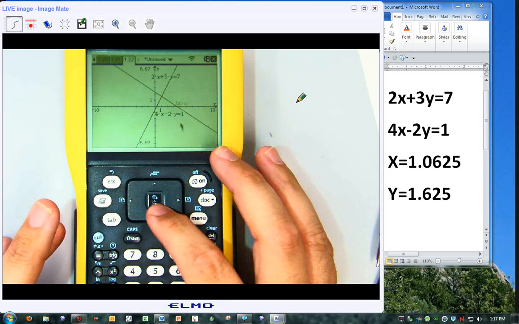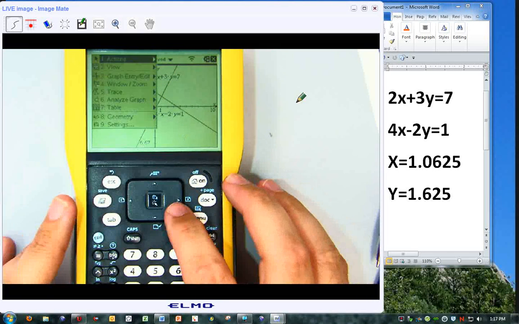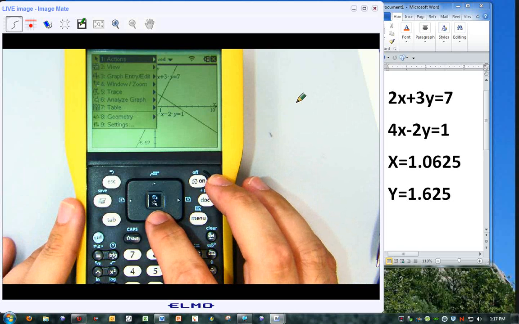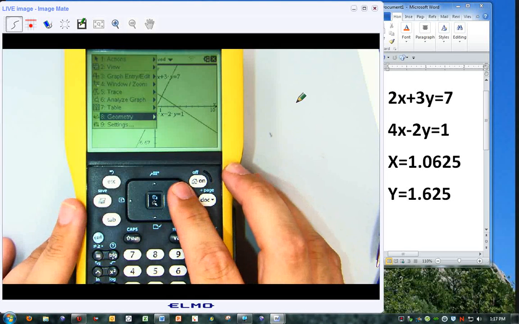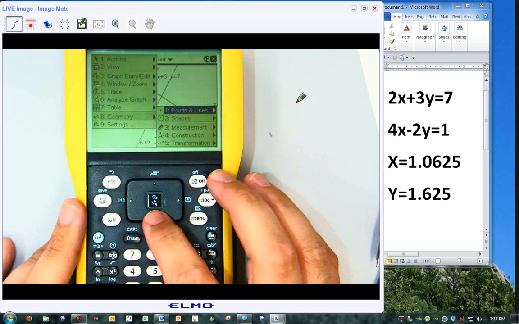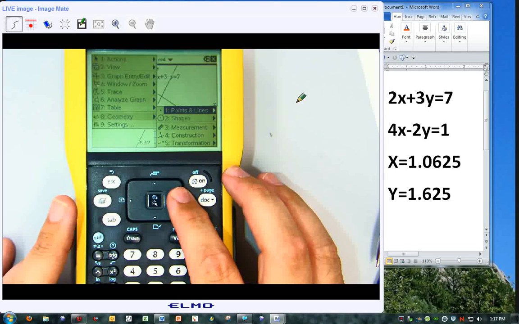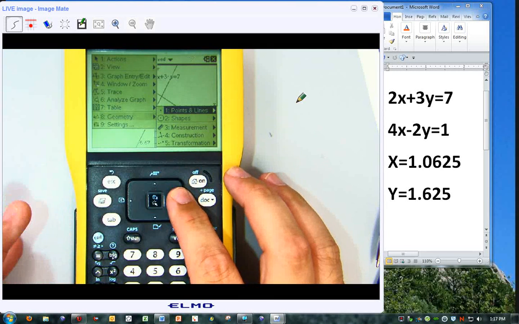So, to solve a system, we'll hit menu, and I'm going to go down to geometry, and then points and lines, because we want to find a point. We want to find the point of intersection.